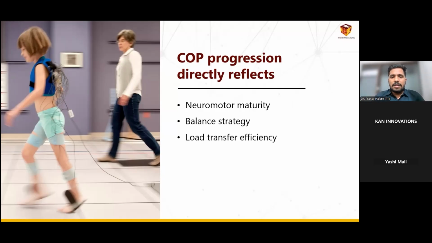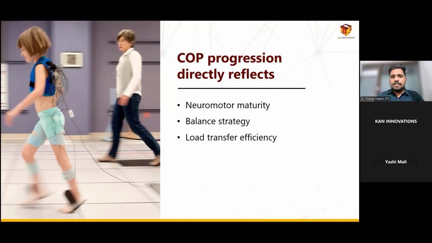Excessive COP deviation results in a compensatory balance strategy. So a child who has excessive center of pressure deviation in the foot has a compensatory balance issue, because of which the COP gets deviated mediolaterally or anteroposteriorly.